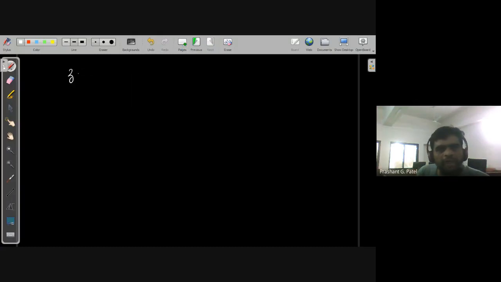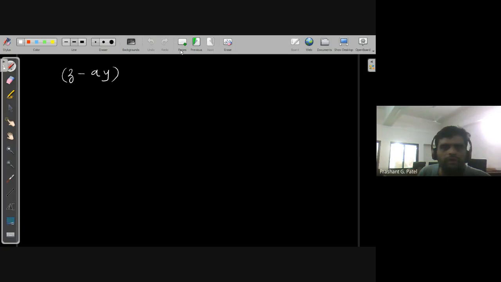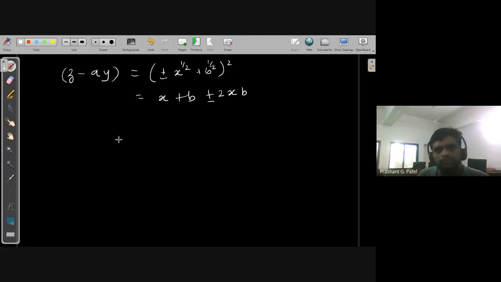We'll have z minus ay equal to plus or minus x raised to 1 by 2 plus b raised to 1 by 2, whole square. The square of this will give me x plus b plus 2 times x into b, with plus or minus square root.